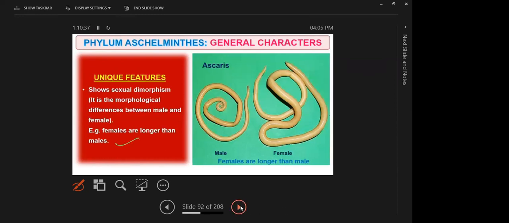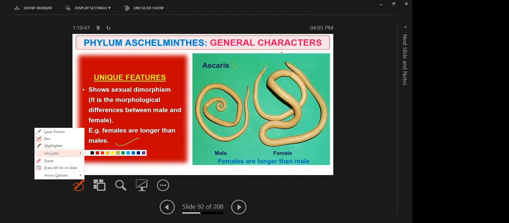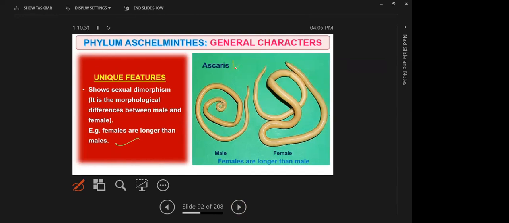And what is the full name? Ascaris lumbricoides. Which disease do they cause? Ascariasis. Lumbricoides produces ascariasis.